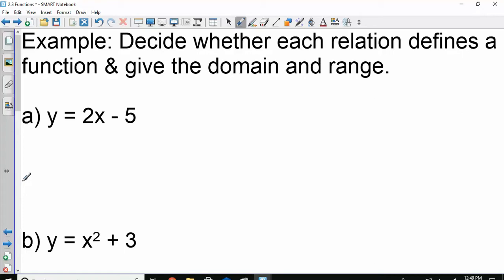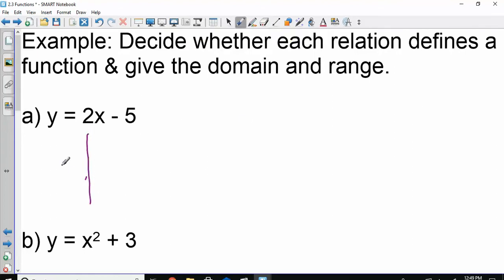So go to your y equals, and we have 2x minus 5. So what's this a graph of?